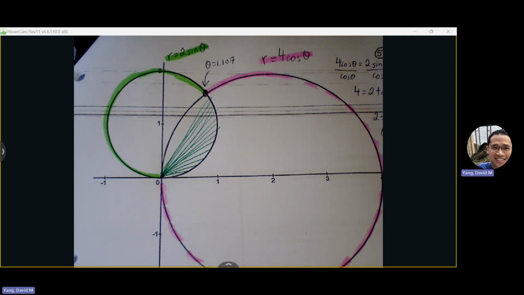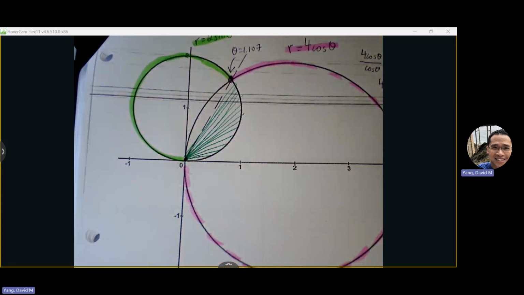So then there's a dividing line, right? There's a dividing line.